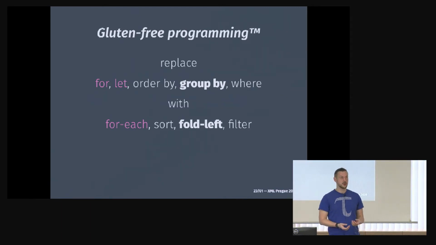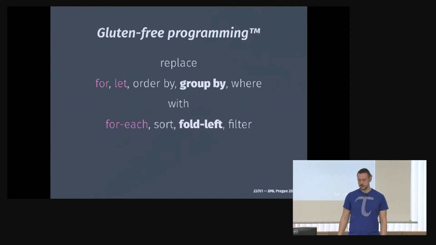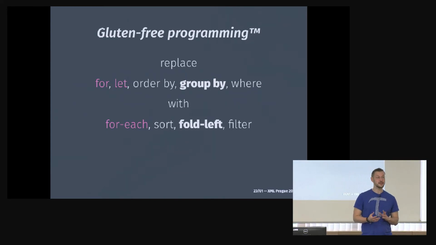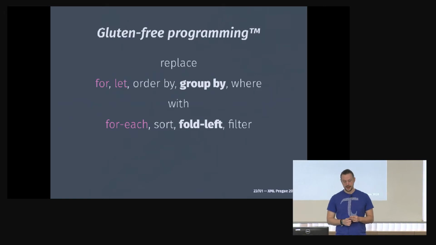Order by is obviously replaced by sort, which takes functions as well. And group by is a little interesting. It was harder to really get, but reducing or fold left does the job really well, interestingly. And where is replaced by filter.